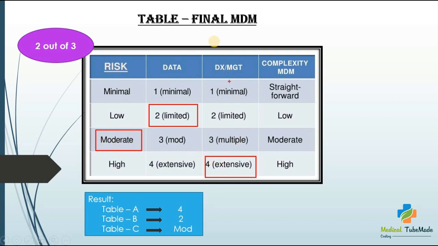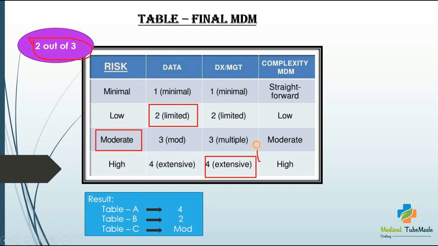So for the final MDM we have to check from highest to low. So check for high risk. For high risk, table A is supporting, but tables B and C are not supporting. So at least 2 tables should support, because here 2 out of 3 criteria is required, but here only 1 is supporting.